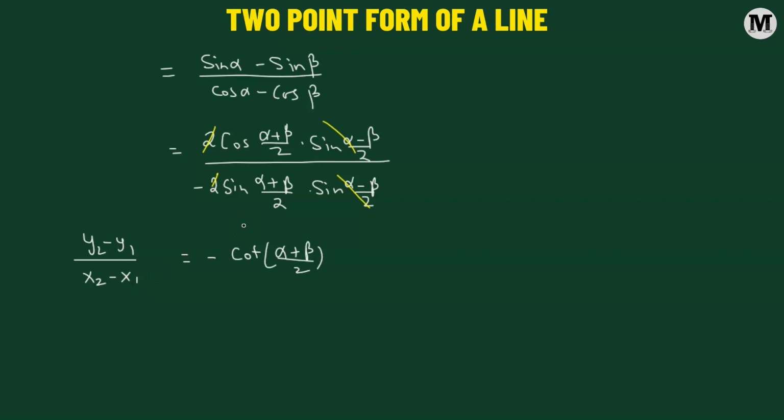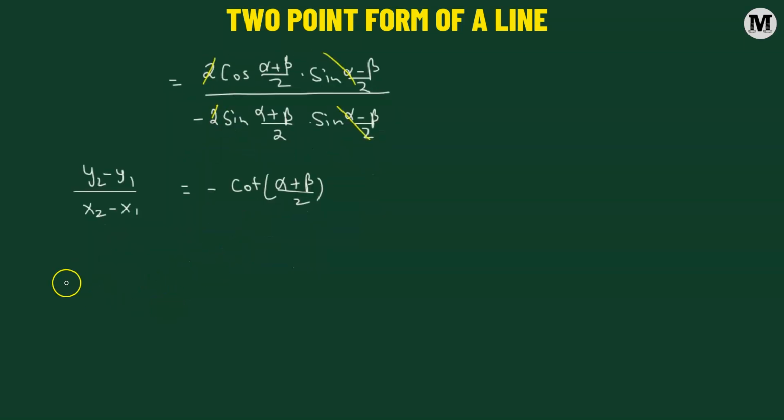Okay, now let's go to the 2-point form, which is given by y minus y1 equals y2 minus y1 divided by x2 minus x1, multiplied by x minus x1.